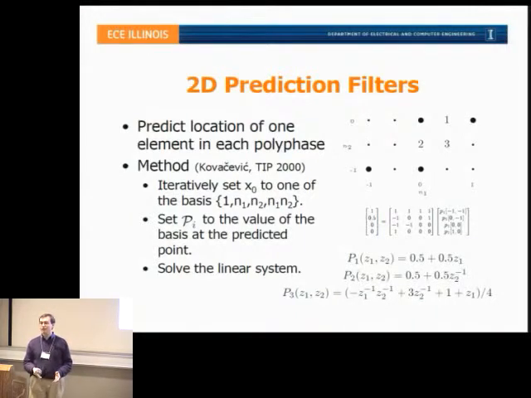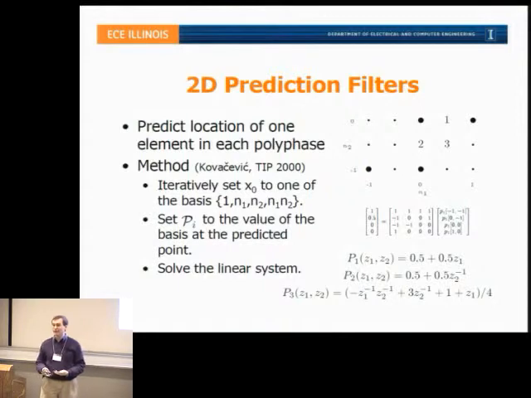So every other filter tap is 0, and I'm going to try to optimize what those 4 filter taps are in order to predict well for the signal class of bilinear functions. So now I need to predict the location of one element in each of the other polyphases. So I'm going to predict the element marked by the 1, 2, and 3 in that graph to design my 3 filters based on the 4 black dots.